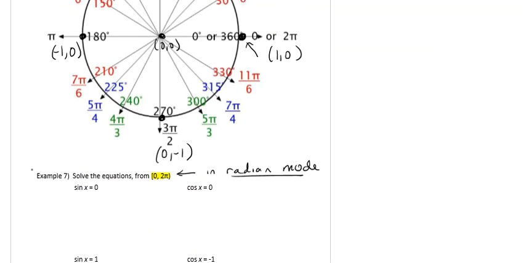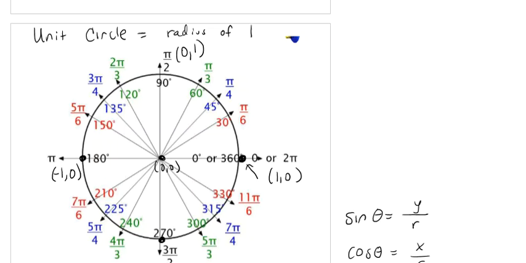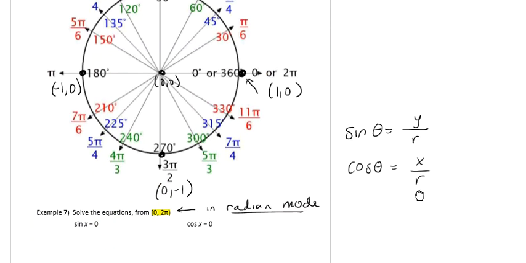So remember, sine of theta is equal to y over r, and cosine of theta is x over r. Since I have this as a unit circle, my r's are automatically 1. So this is asking me, if my fraction's equal to 0, my y must have been 0.